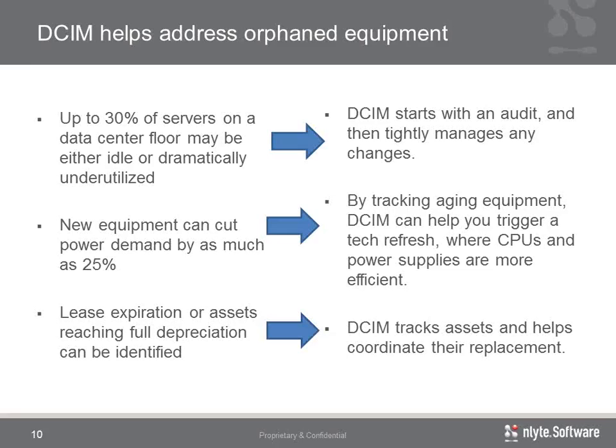DCIM helps to track all that information. You can build your reporting related to this, and that way you can coordinate the replacement prior to the need. So DCIM works closely with your CMDB to ensure that you have a full view of all of your assets.